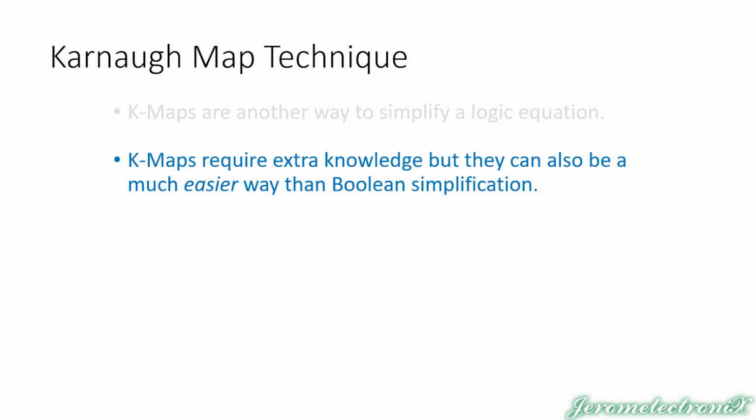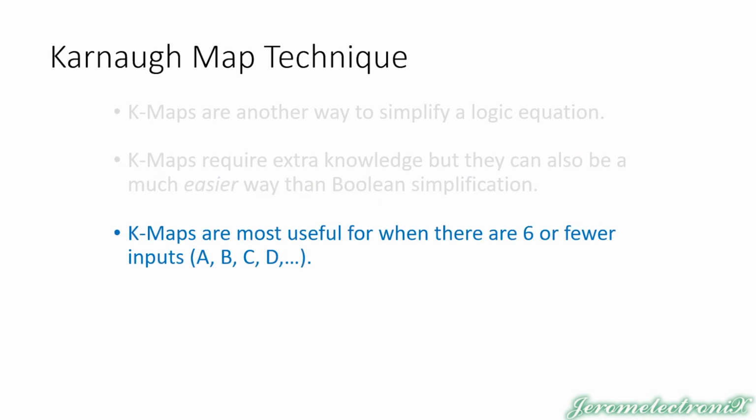Now, there's a qualifier there, and the reason we learn Boolean simplification first is because sometimes it makes a lot of sense to simplify using Boolean algebra. Sometimes K-mapping is just too complex. On the other hand, sometimes K-mapping can save a lot of time in simplifying, which we will demonstrate.